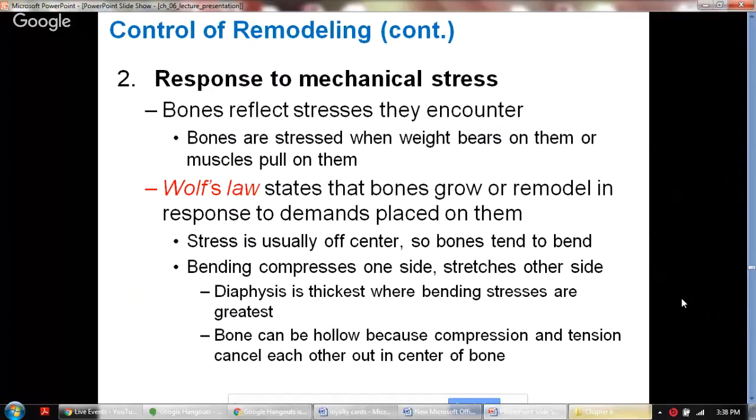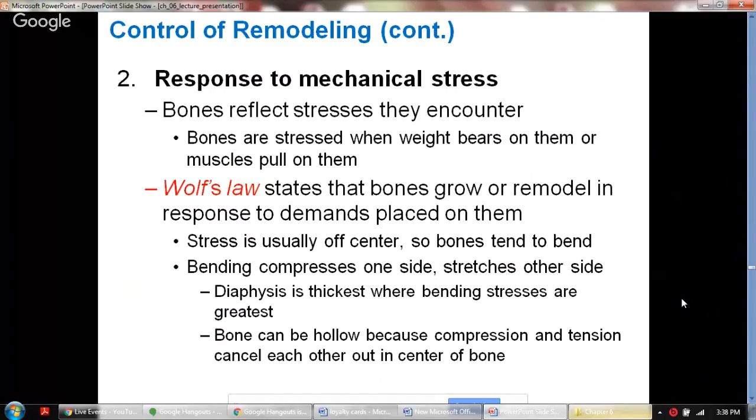Stress is usually off center, and when you put weight onto the bone, the bone tends to bend, and bending compresses one side and stretches the other side.